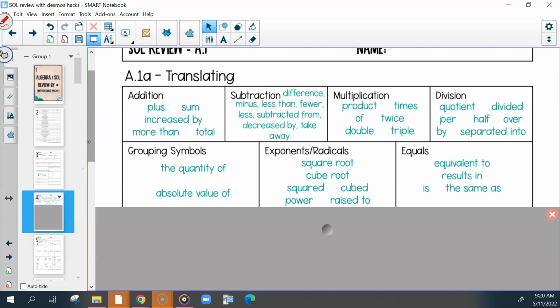Anything that is an exponent or a radical, you may see words as square root, squared, cubed, to the power of, raised to. And then for equals, equivalent to, results in, the word is, or is the same as.